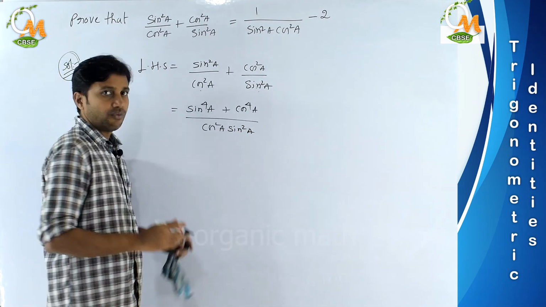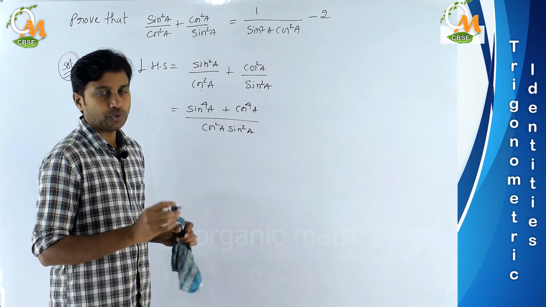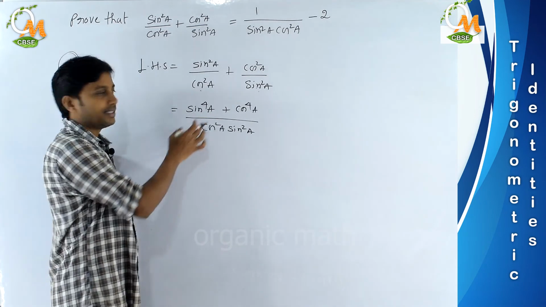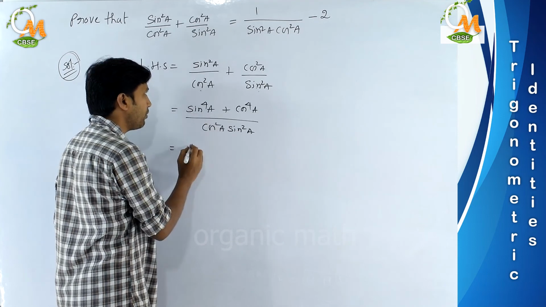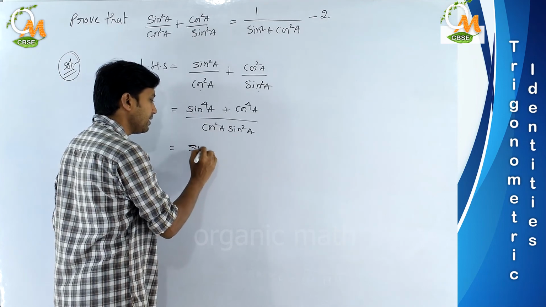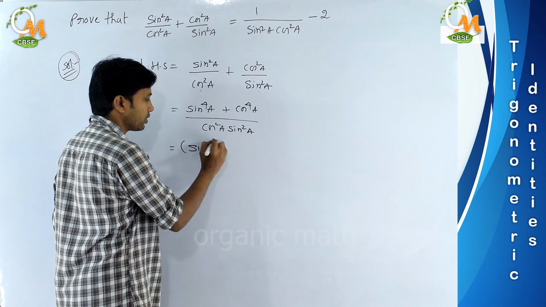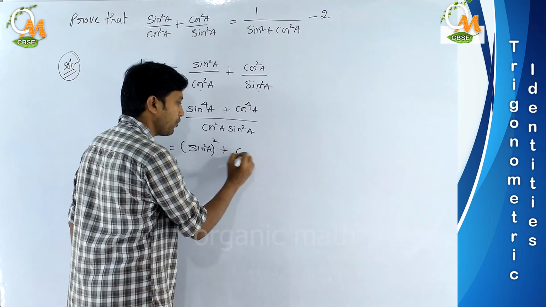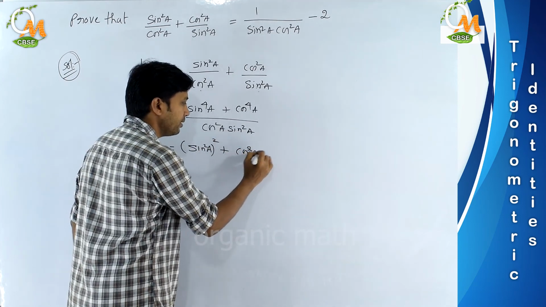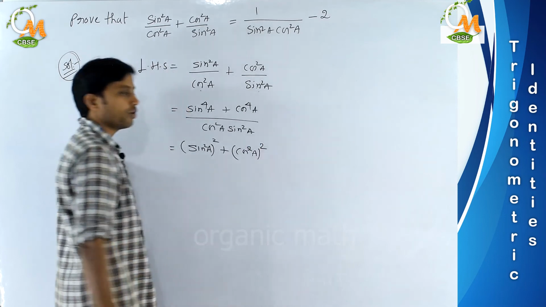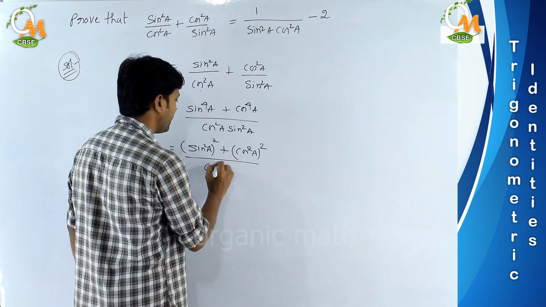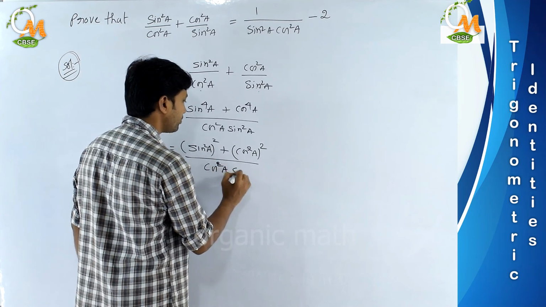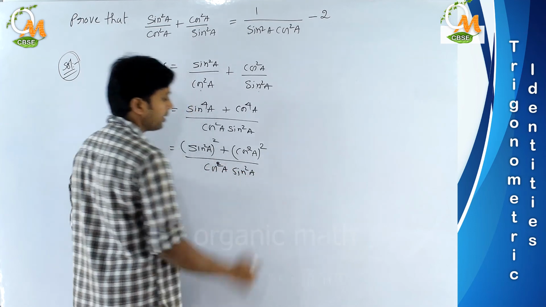Now, for a change, I want to rewrite sine power 4a as sine square a whole square, and cos power 4a as cos square a whole square, upon again cos square a sine square a.